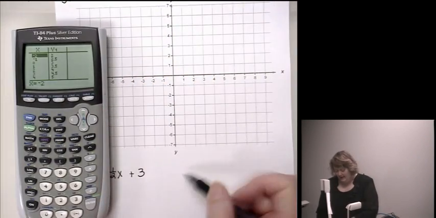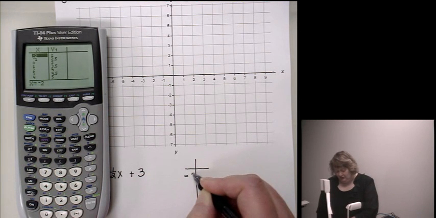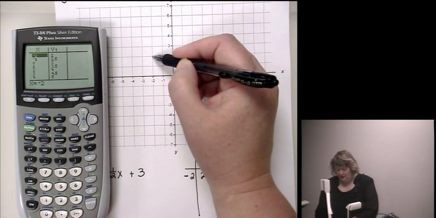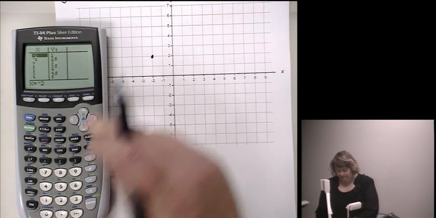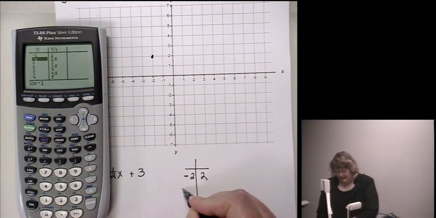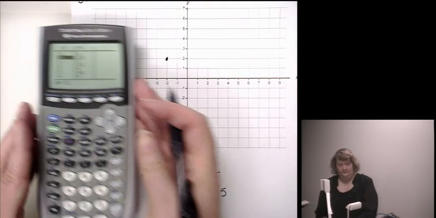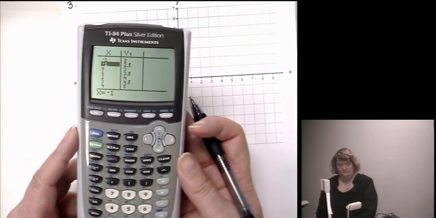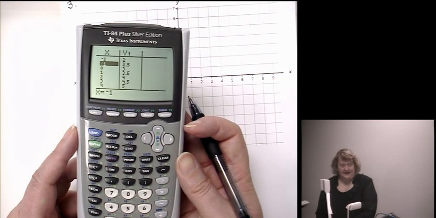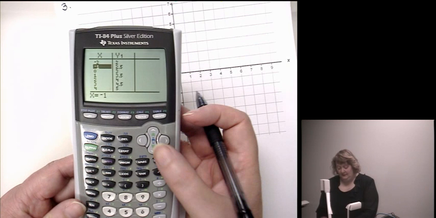So my first ordered pair in my list is -2, 2, which is a good point to graph. The next one on my list is -1, 2.5. That's not a good one to graph. I don't want to try to estimate that one, so I'm going to skip it.